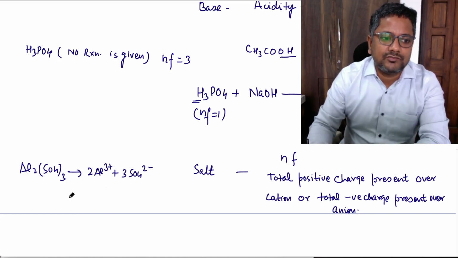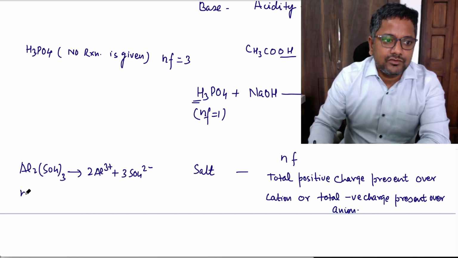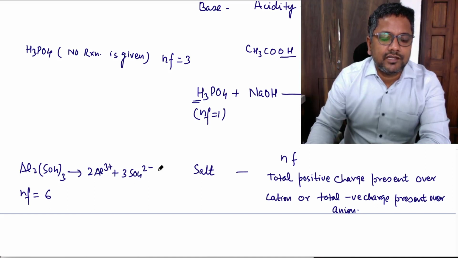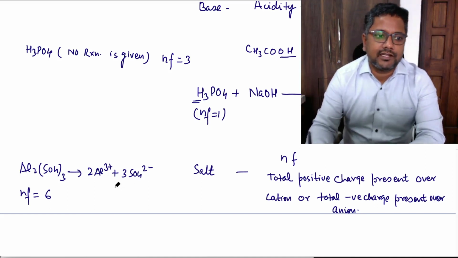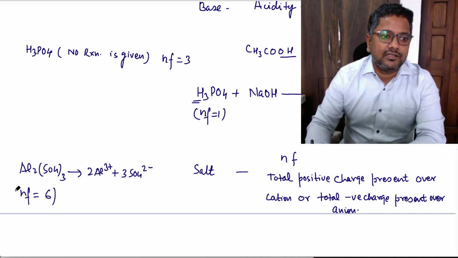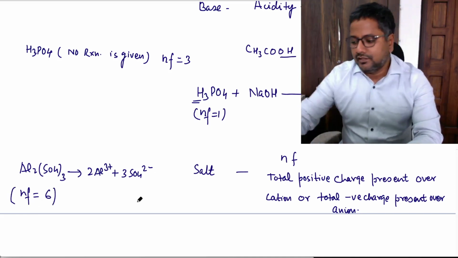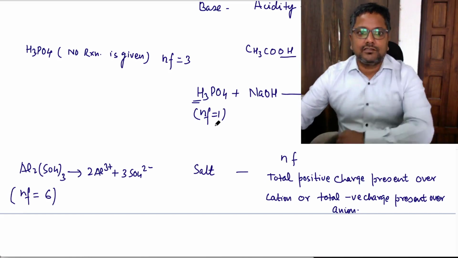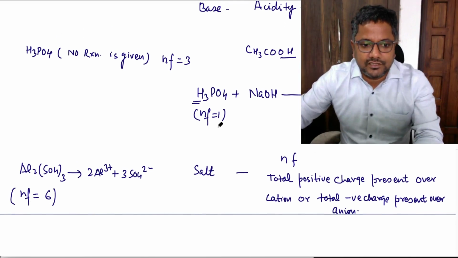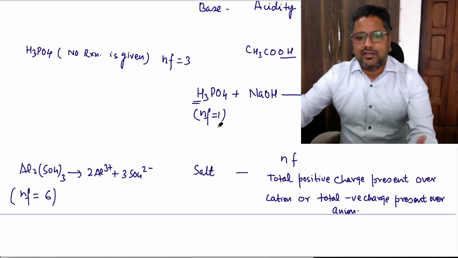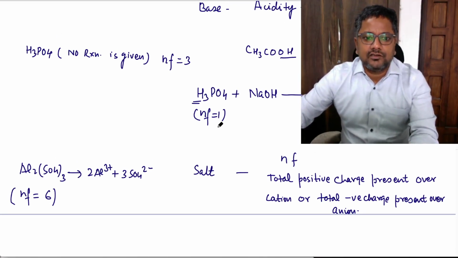So the total positive charge: 2 times 3 is 6, and 3 times 2 is 6. In a salt, the positive charge is always equal to the negative charge. So the n factor for this is equal to 6. In this way you can calculate the n factor. One more type of compound is left, oxidant and reductant, but it is not required in this chapter.